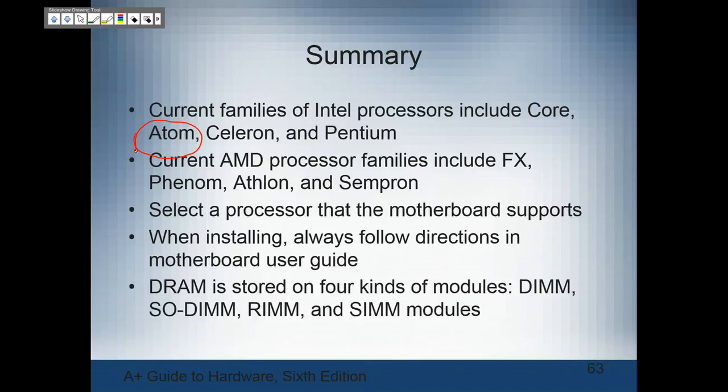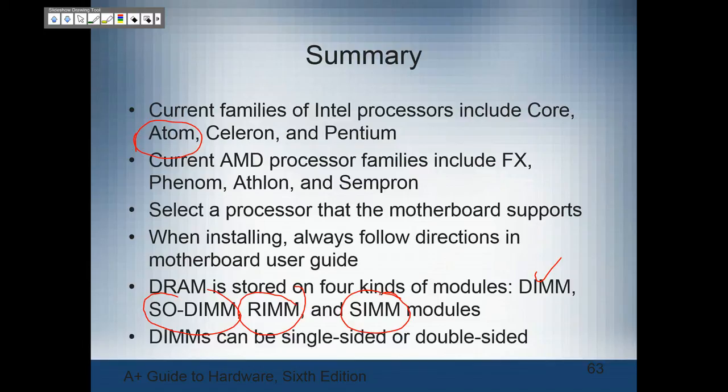And the DRAM is stored in 4 kinds of modules: DIMMs, which are the things that we use in CPUs in desktops, SODIMMs in laptops, RIMs, and SIMs, which I seriously doubt that you'll see. SIMs are really, really old technology. Single-sided or double-sided can be DIMMs.